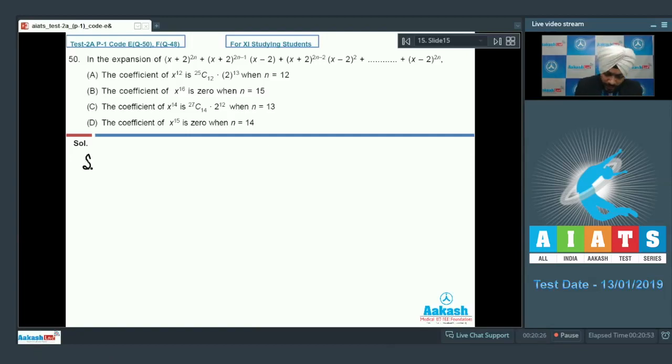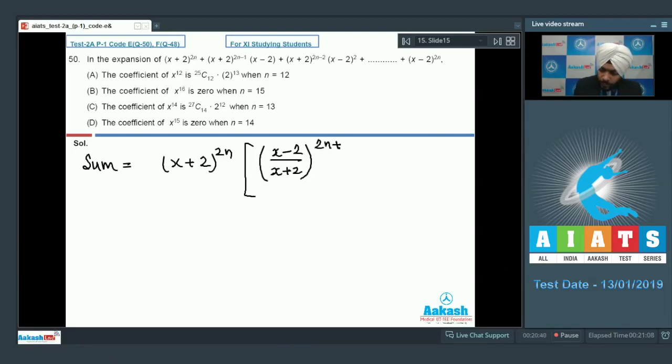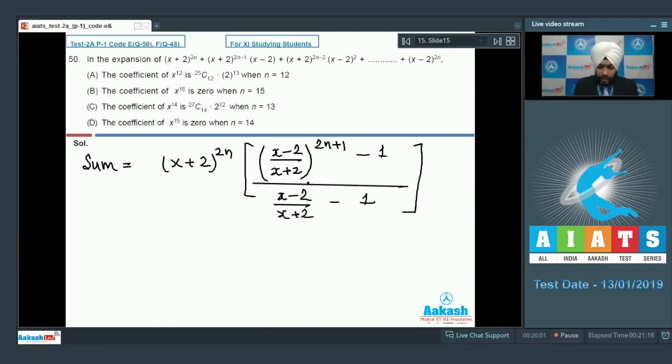So what is the sum of this GP? Sum of the expansion will be first term, that is (x plus 2) raised to the power 2n, into common ratio, that is (x minus 2) upon (x plus 2) raised to the power number of terms, that is 2n plus 1, minus 1, upon common ratio, that is (x minus 2) upon (x plus 2) minus 1. So (x plus 2) raised to the power 2n plus 1 will cancel.